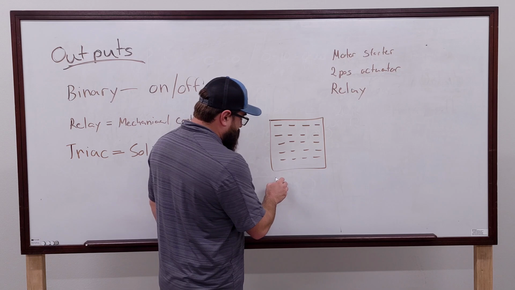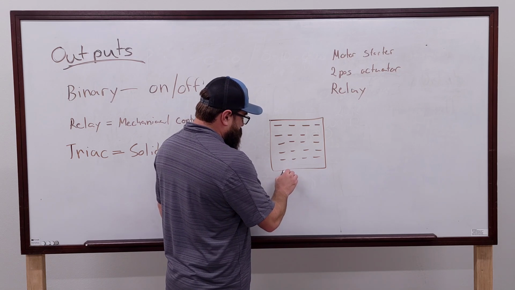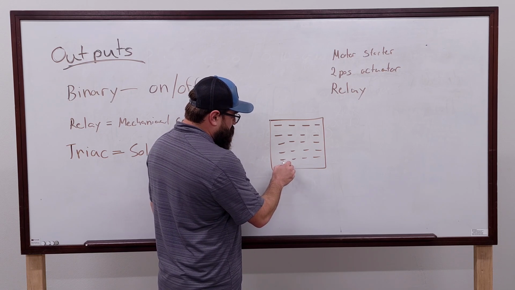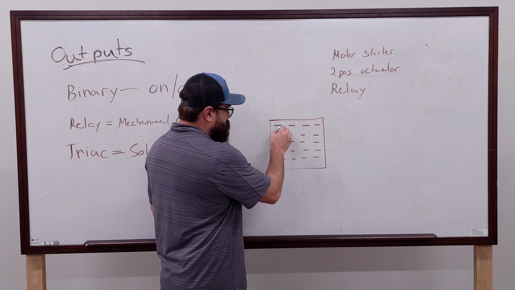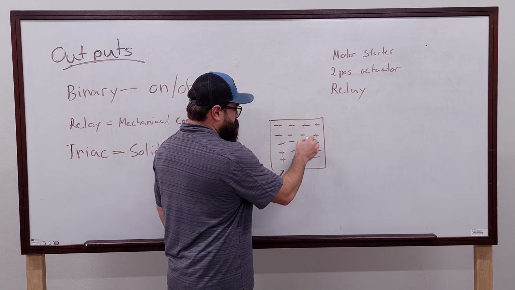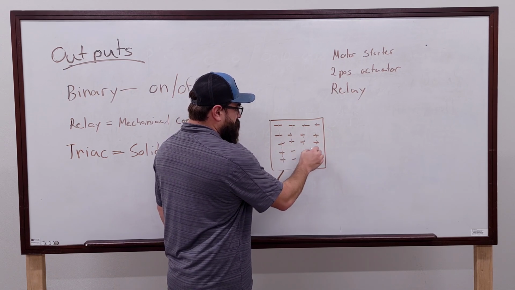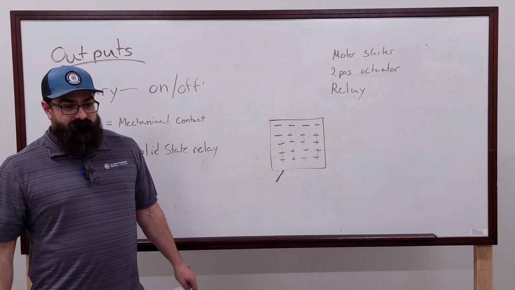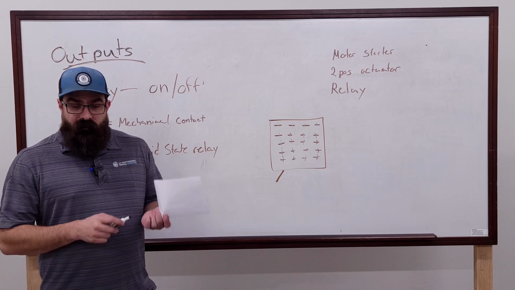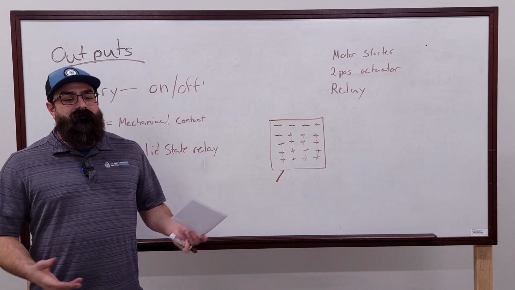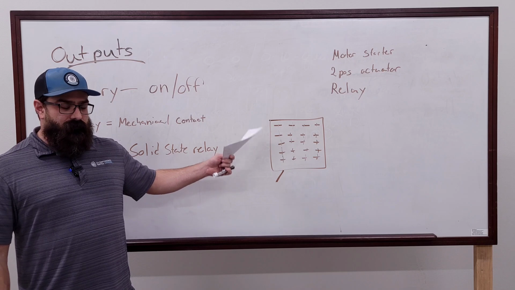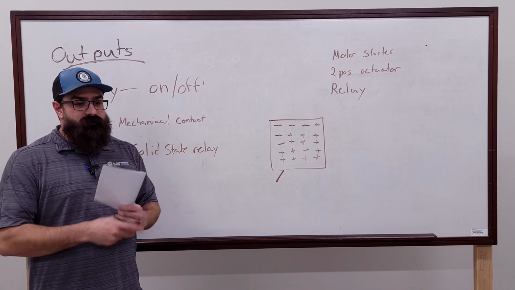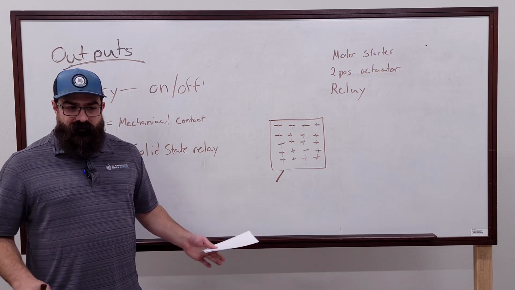But if you apply voltage in some fashion, because I don't know how it works, to this side, it literally will flip all of these atoms and charge them to where they turn the other direction and allow current to pass through. That's how it works. It's freaking voodoo. I don't get it. But the beauty of it is you don't really need to know how. It's cool to know it, but that doesn't matter to us, right? We know that it's switching voltage some way, somehow. That's all that matters to us.